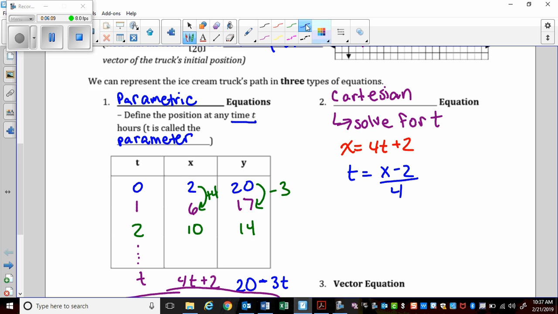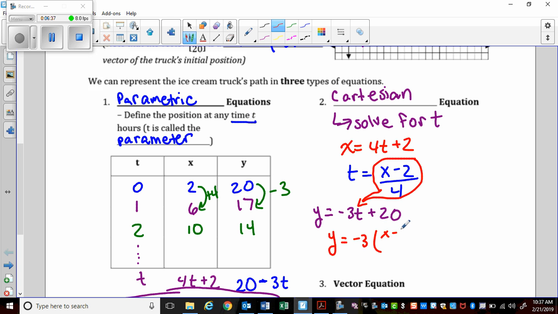And now we can plug that into the y. So I know also that y is equal to, I think it was, negative 3t plus 20. But I know what t equals. This is t, and we're going to plug it in for this t. So I have y equals negative 3 times parentheses, use your parentheses, (x minus 2) over 4, plus 20.